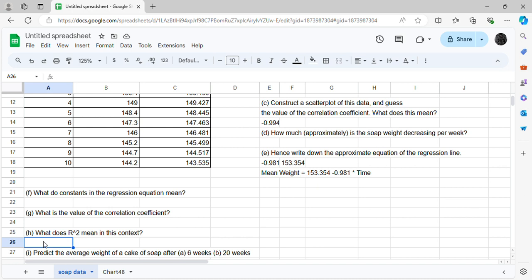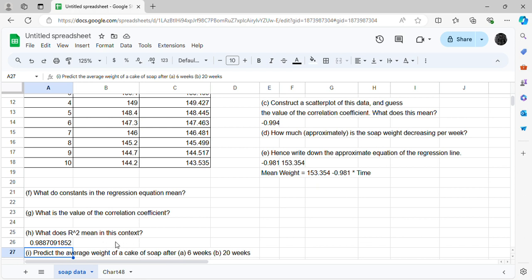The correlation coefficient is R, and R squared is the square of the correlation coefficient, which is about 0.989. It shows how strongly the weight is correlated with time, and this shows a very strong correlation.